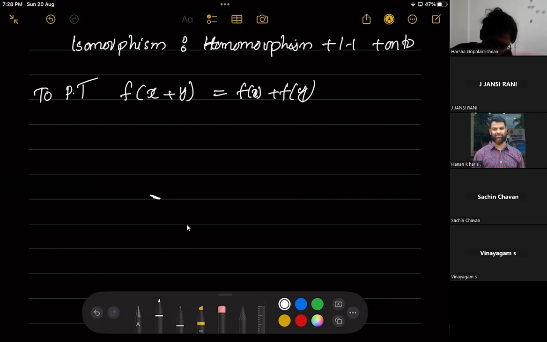We will start from the left side, f of x plus y. What is the definition of f of x plus y? 2 times x plus y. Simply we can write it as 2x plus 2y, and this is nothing but f of x plus f of y.